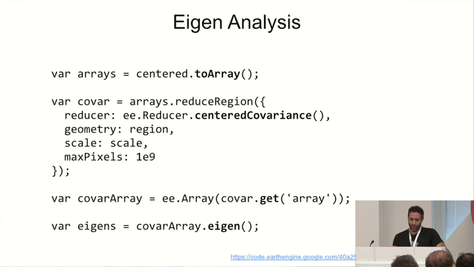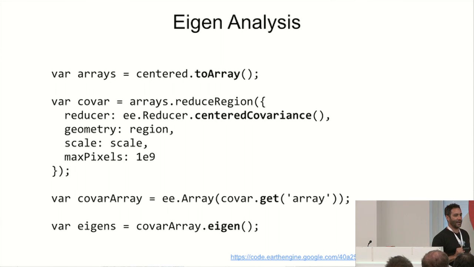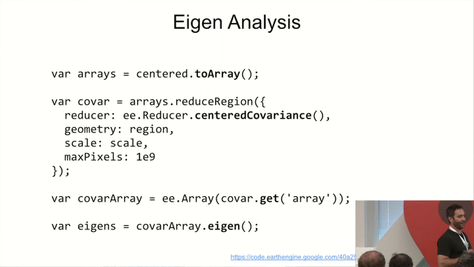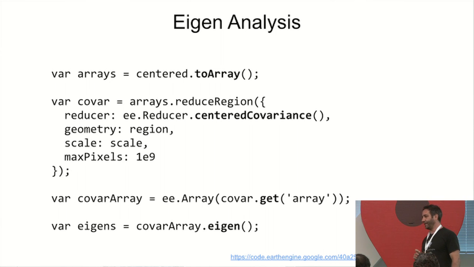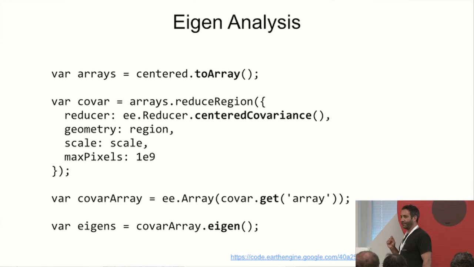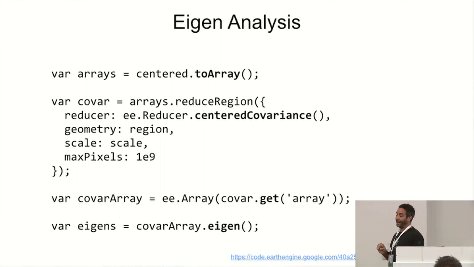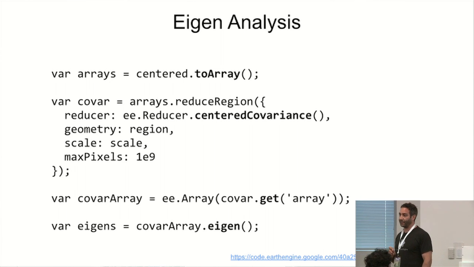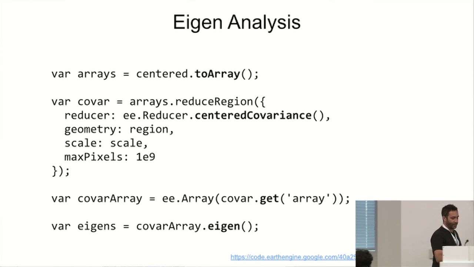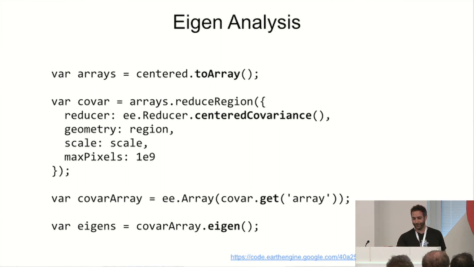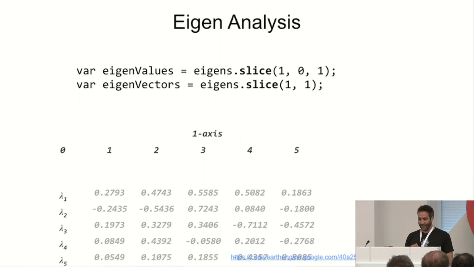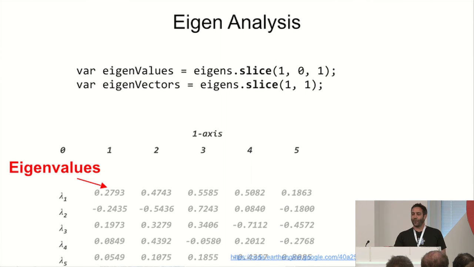And now we want to know the eigenvectors and eigenvalues of that covariance matrix of the image. This is one of the other places in the API where you must use arrays. You call eigen on that covariance matrix. What you get out is, first, all the eigenvalues along the 0 axis in the column indexed by 0.